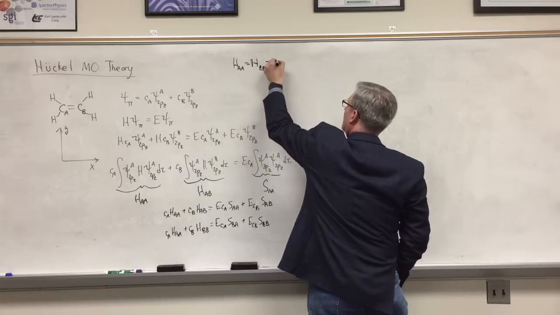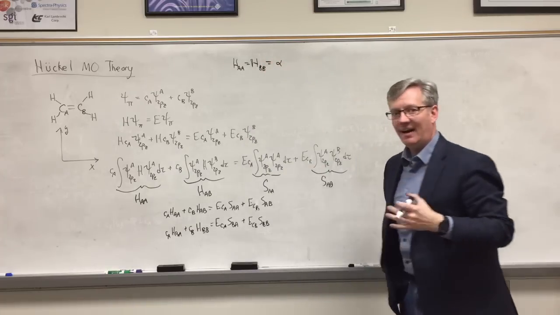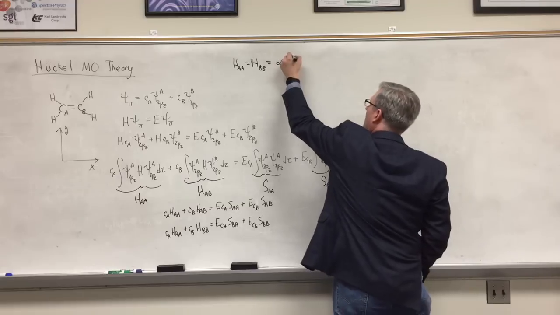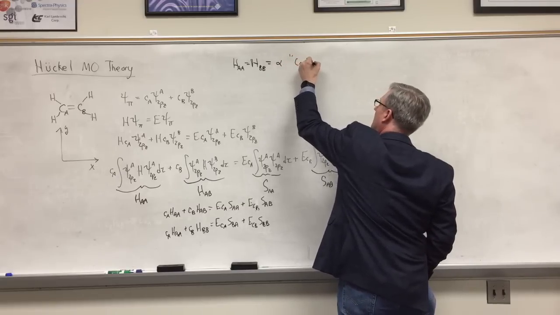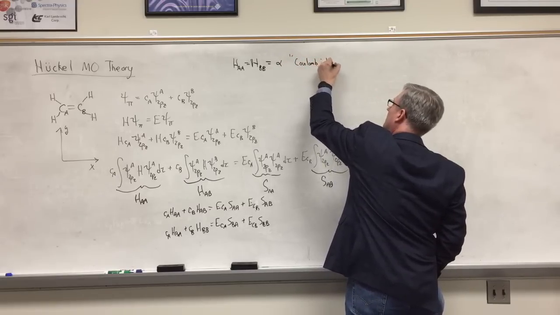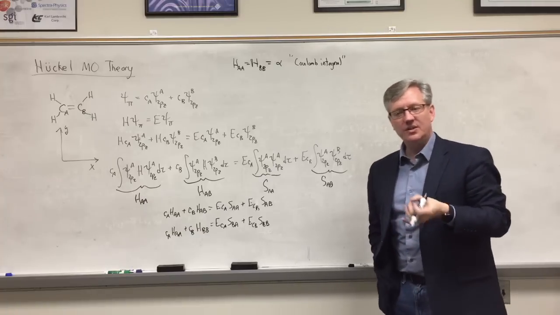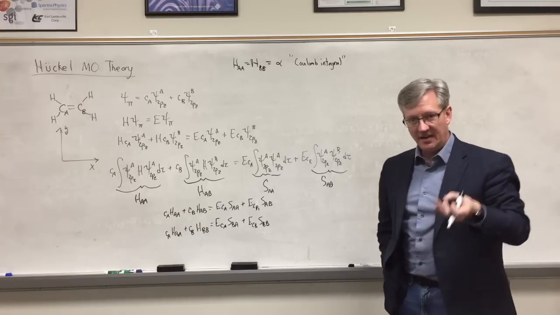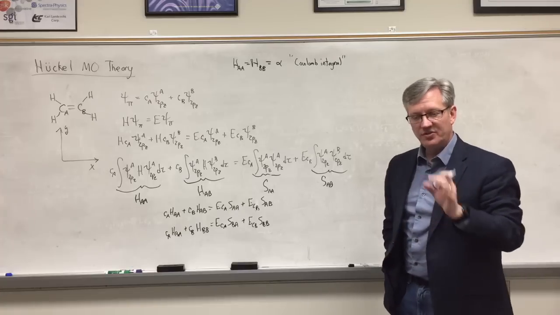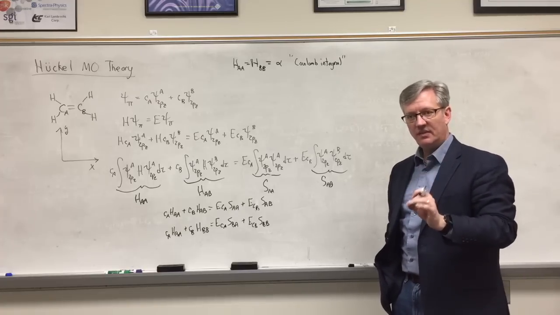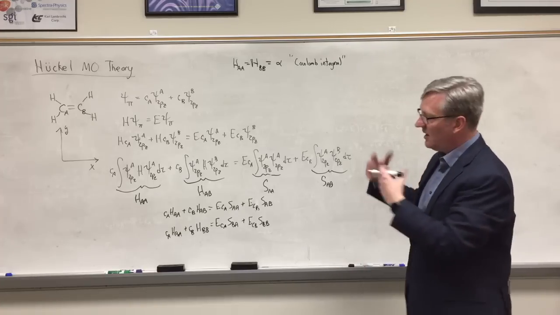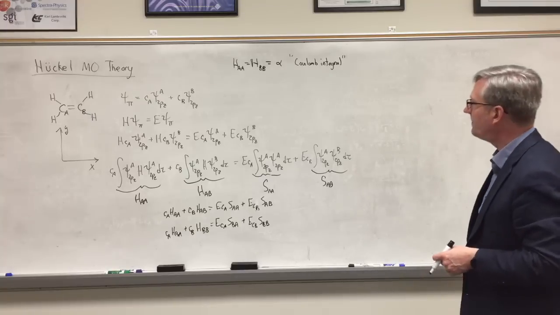This is going to be something I call a quantity alpha. This is called a Coulomb integral. The value of alpha I'm not really going to be concerned about, okay? One could technically calculate it, but that's not of interest for our purposes, which is to get a qualitative or maybe semi-quantitative understanding of the electronic structure of this molecule.